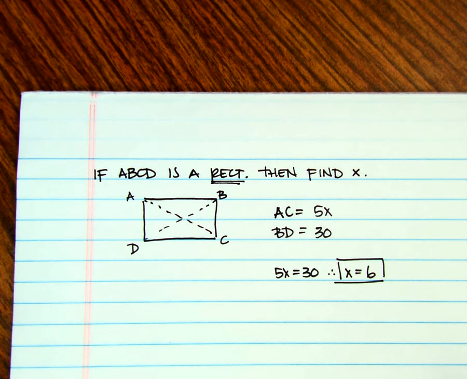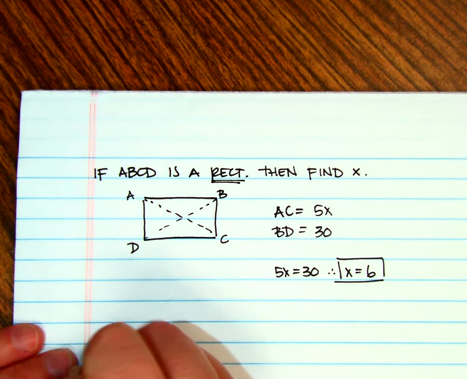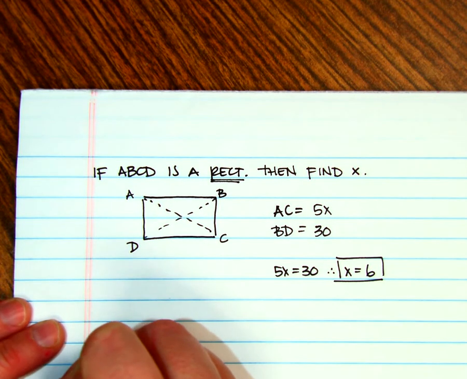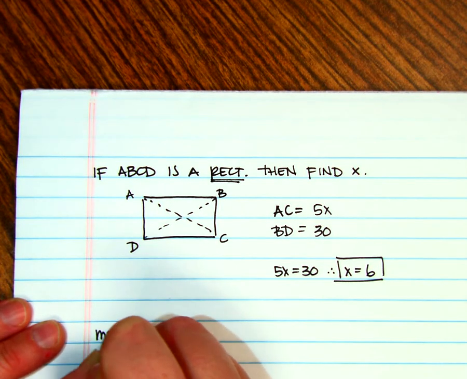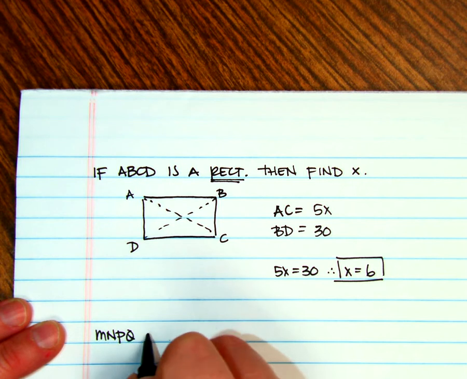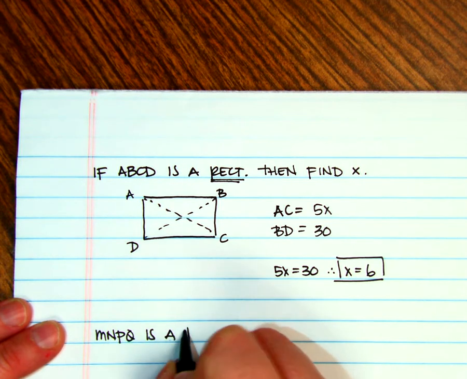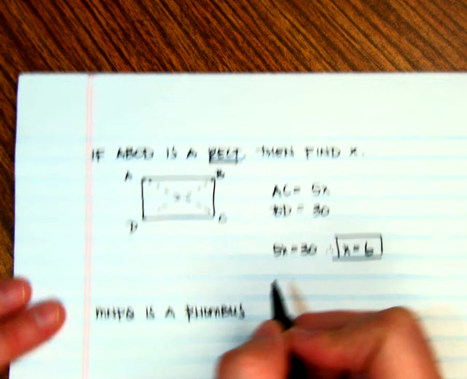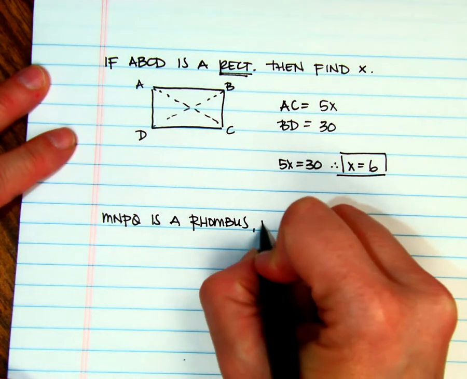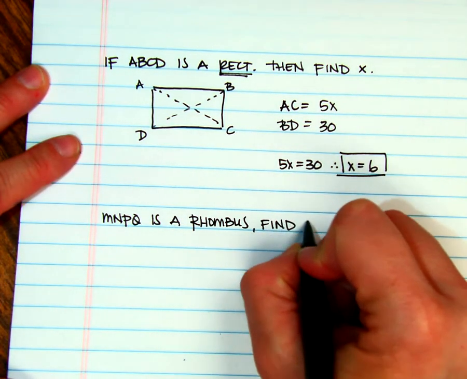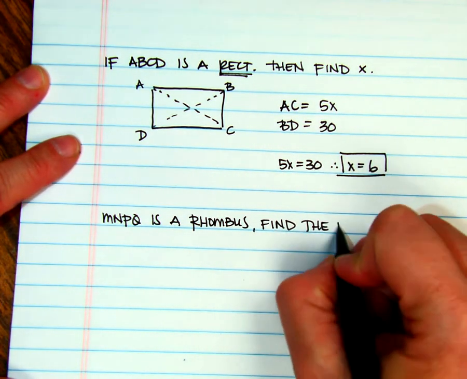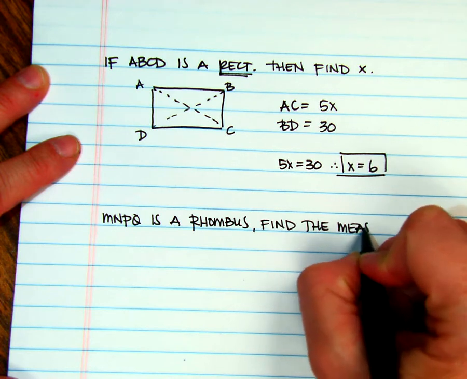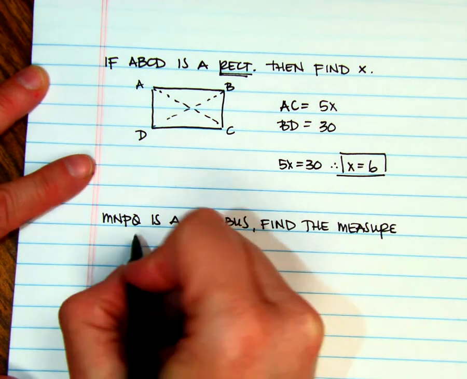Let's see. So if I have a rhombus, so I'm going to say that MNPQ is a rhombus. Find the measure of the numbered angles.